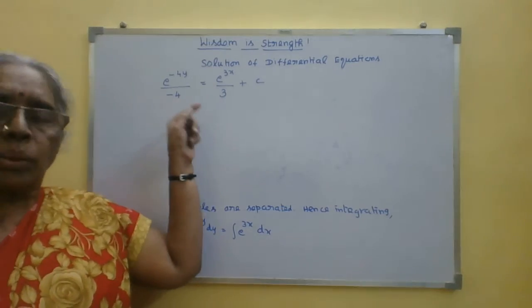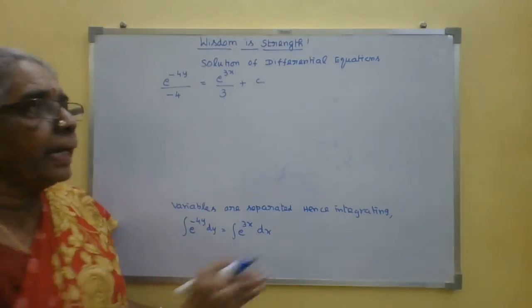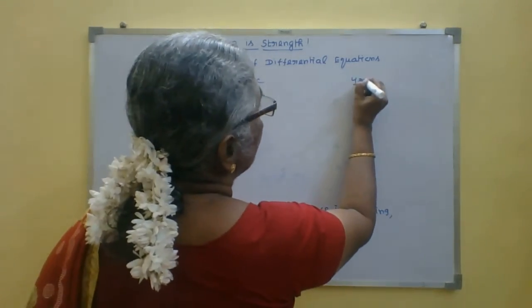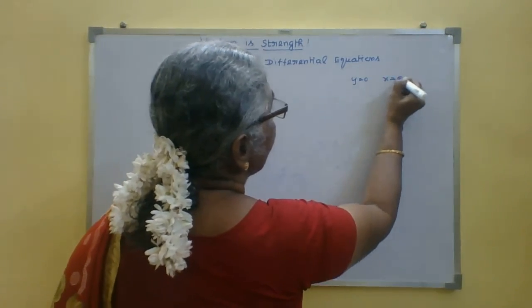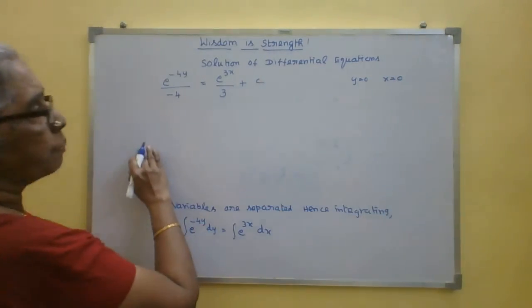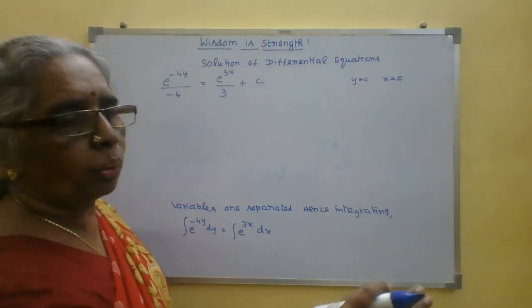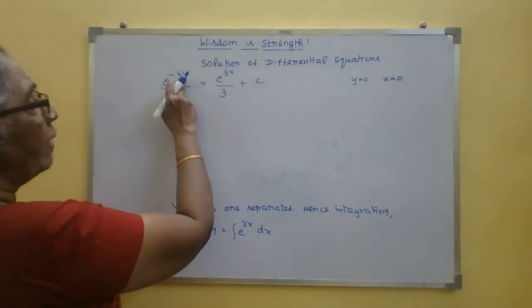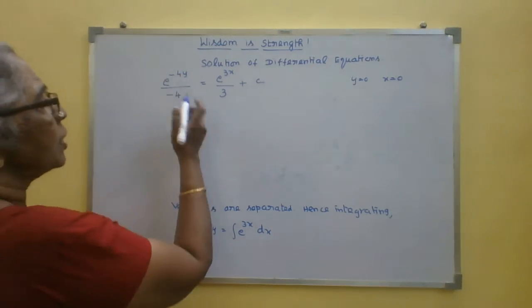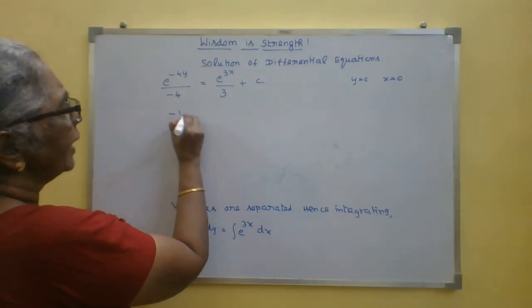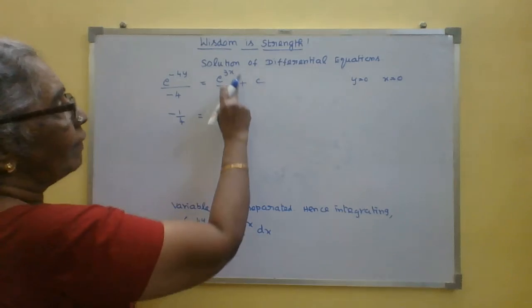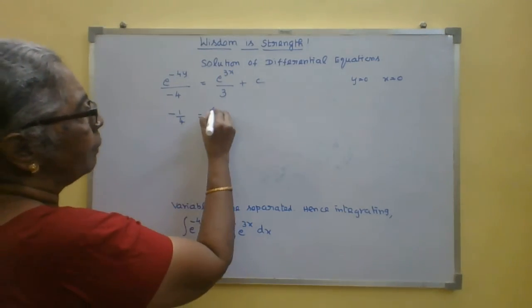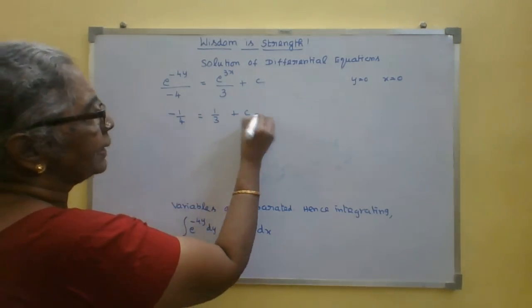This is actually the general solution. Now they have given y is equal to 0 when x is equal to 0. So let us substitute here y as 0 and x as 0 to evaluate the value of c. When y is 0, e power 0 will become 1. So you will get minus 1 by 4. When x is 0, here also this will become 1. You will get 1 by 3 plus c.